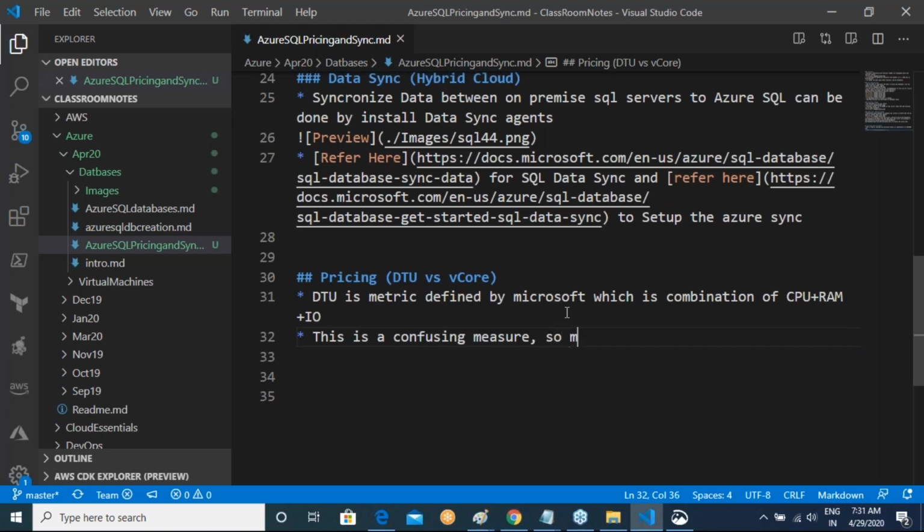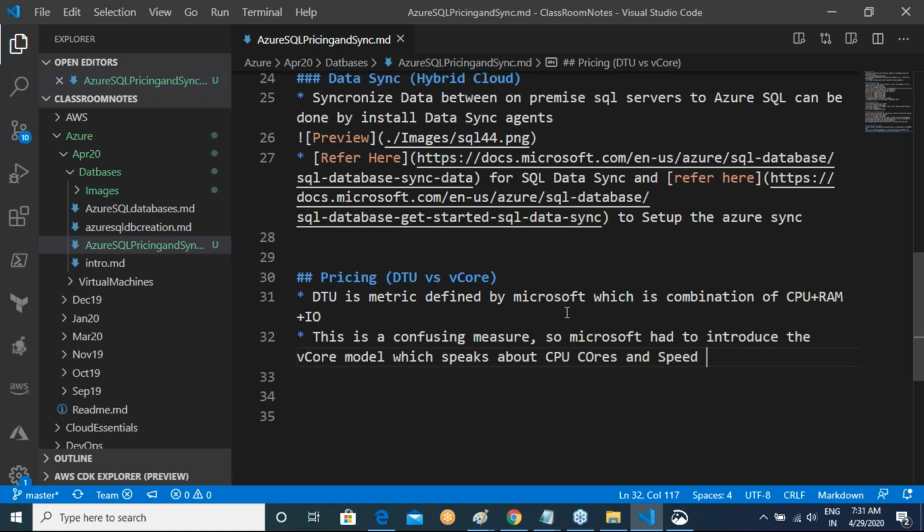So Microsoft had to introduce the vCore model, which speaks about CPU cores and speed in the terms which we generally use. So that is basically what it is.